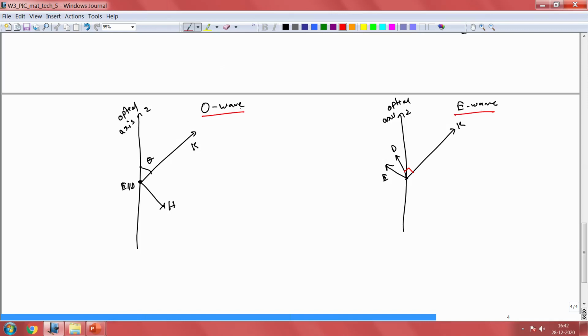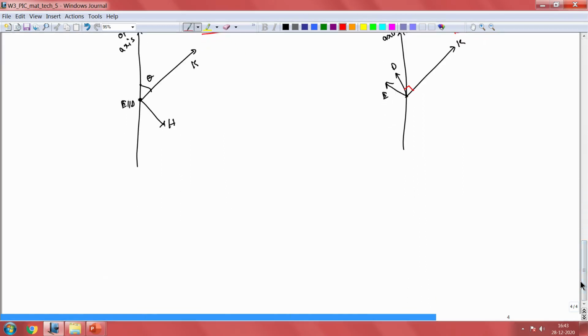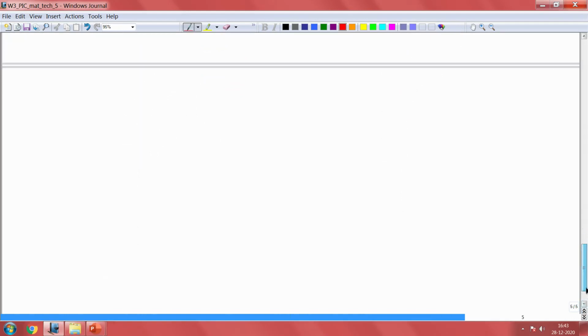In an ordinary wave configuration, both E and D are parallel, and H is perpendicular to your K. So, that is something that we should keep in mind when we are talking about ordinary and extraordinary waves in a uniaxial crystal.